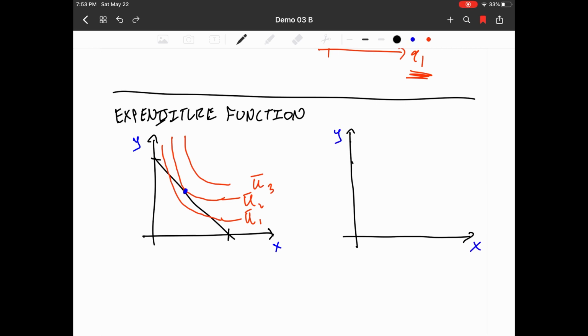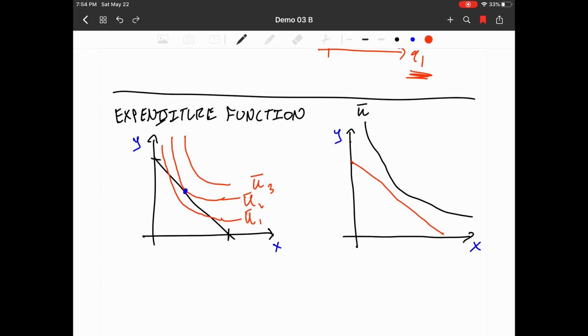So instead of having a range of indifference curves that we vary, trying to find the highest indifference curve, instead we vary the budget line.